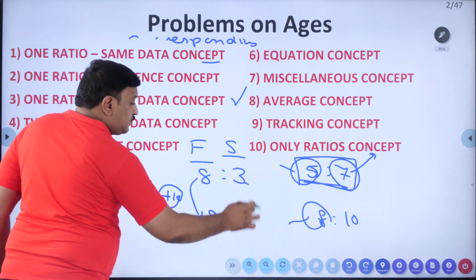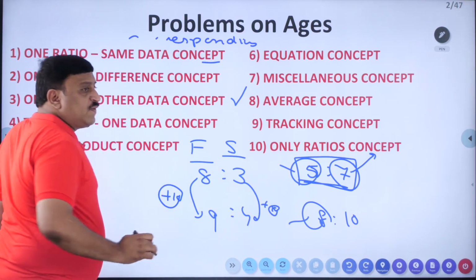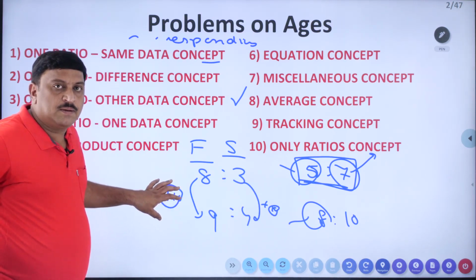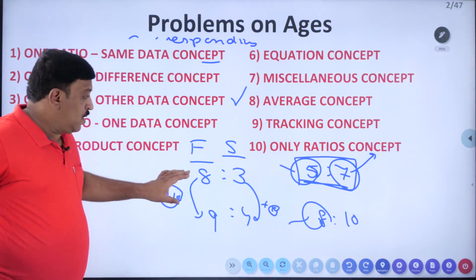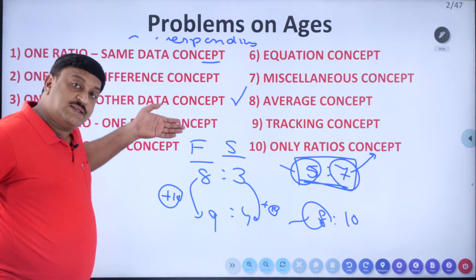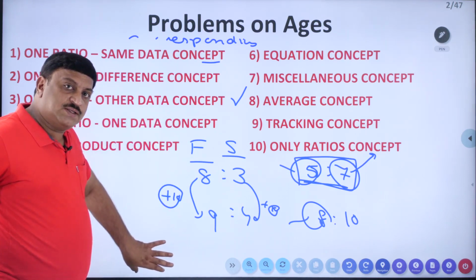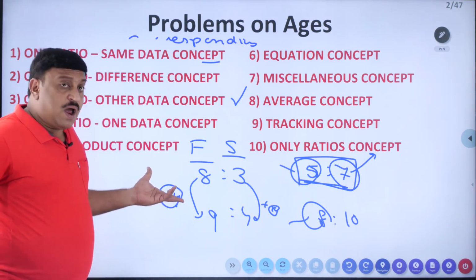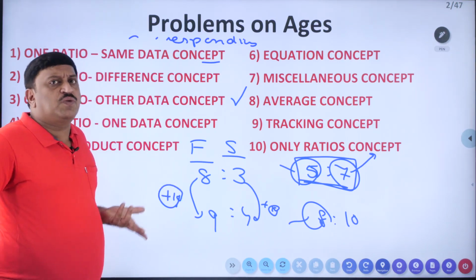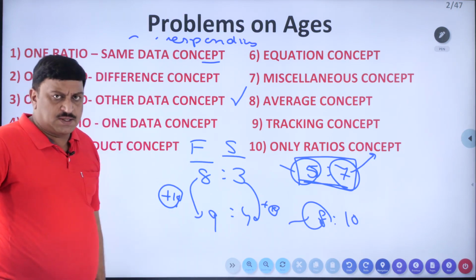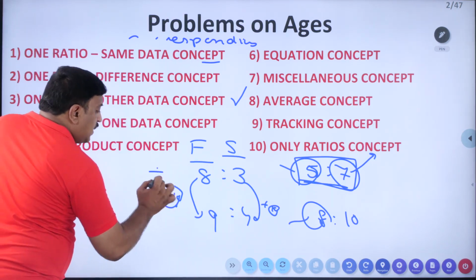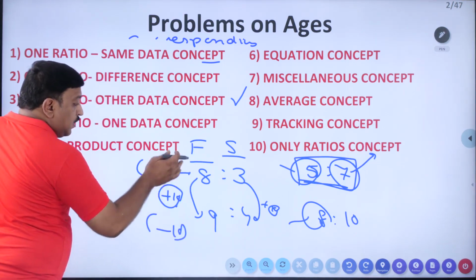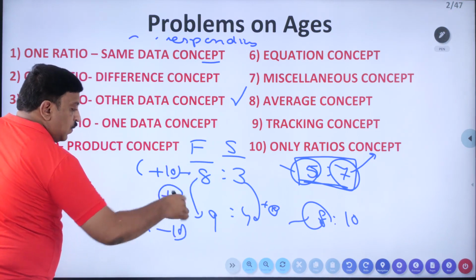This is given after 10 years, this is the other data. Then before 10 years, after 5 years, before 5 years, like that they may give. And maybe these ratios, we don't know whether they are present or after 10 years. This is the ratio 10 years after, this is 10 years before, and this is after 20, we don't know about this one.